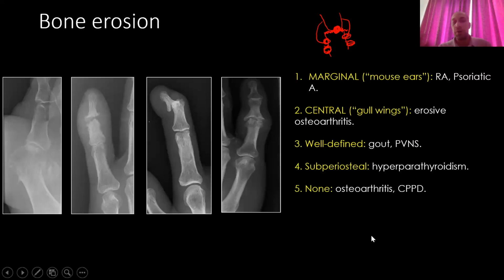So we have marginal erosion here in the bare area, periarticular erosions outside the joints in gout, and central erosions in erosive arthropathy. I hope this is fine. Is this clear for you?